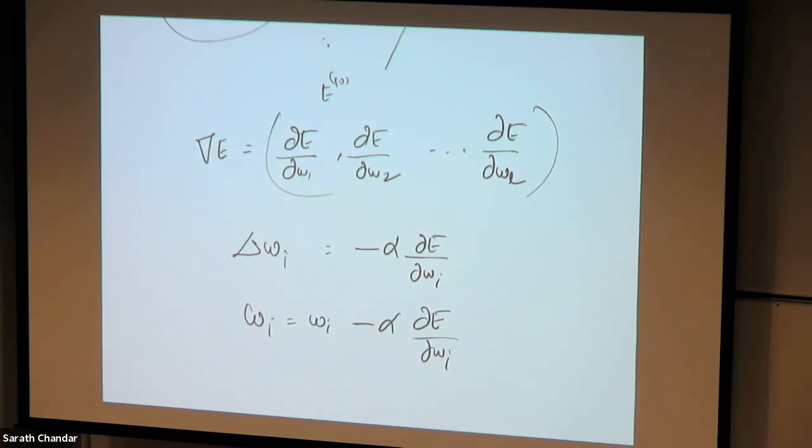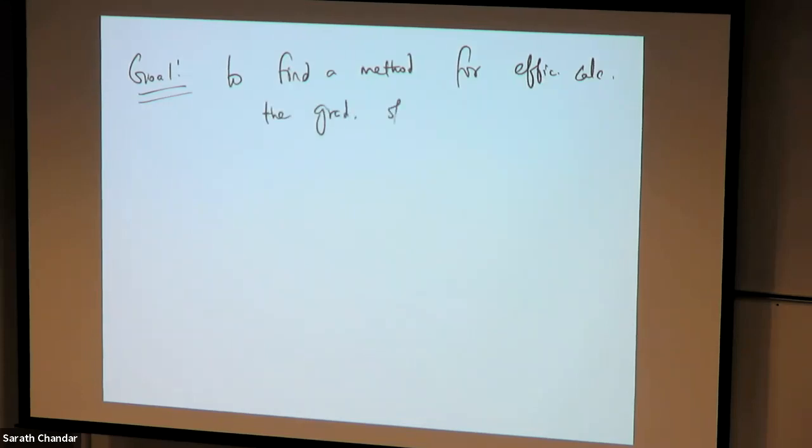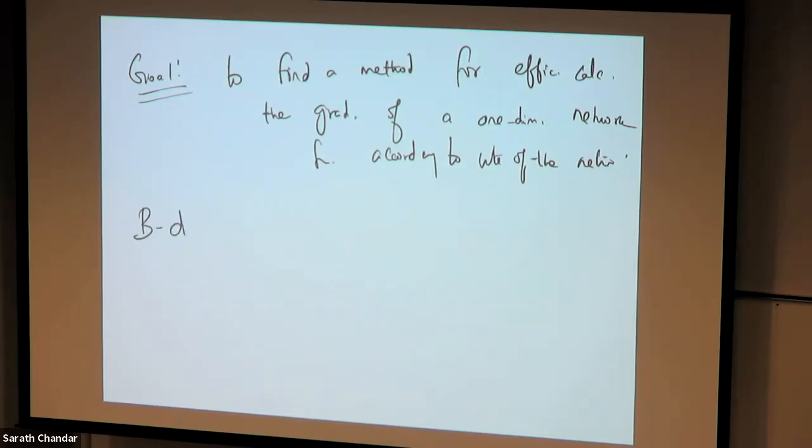Our goal here is to find a method for efficiently calculating the gradient of a one-dimensional network function according to the weights of the network. So how do I do that? To do that, I'm going to introduce what I'll call B diagrams, also known as backpropagation diagrams.